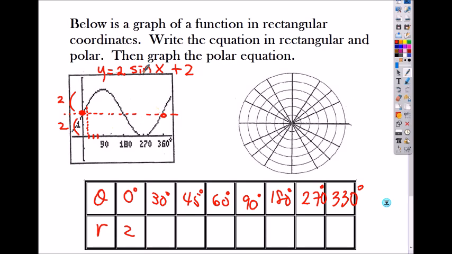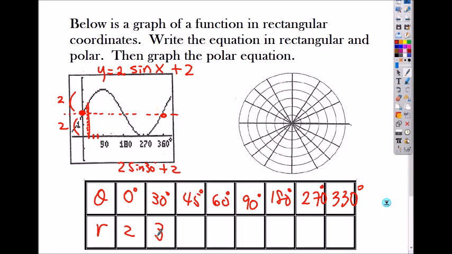What's 2 times sine of 30 degrees plus 2? What's sine of 30? 1/2. Sine of 30 is 1/2. Times 2, 1 plus 2 is 3. It was actually at 3. All right?